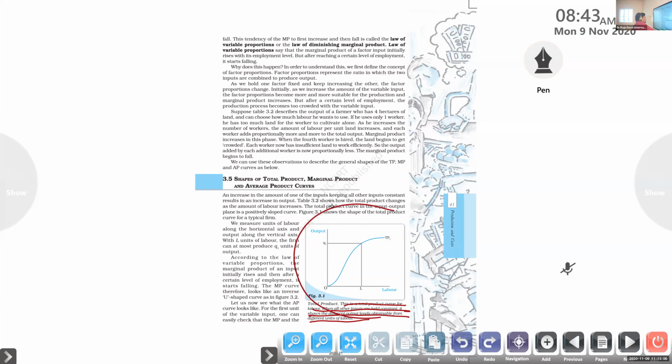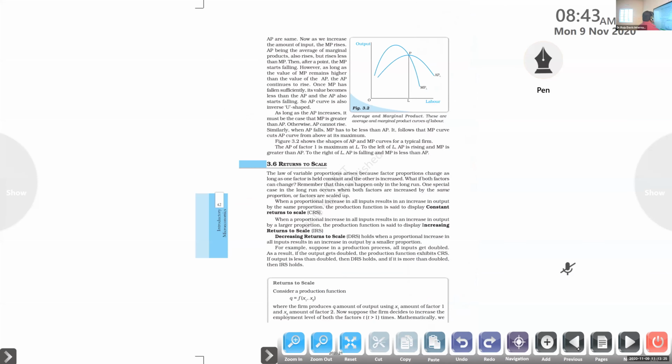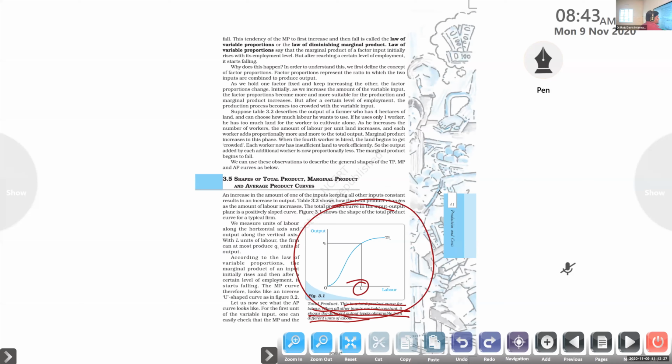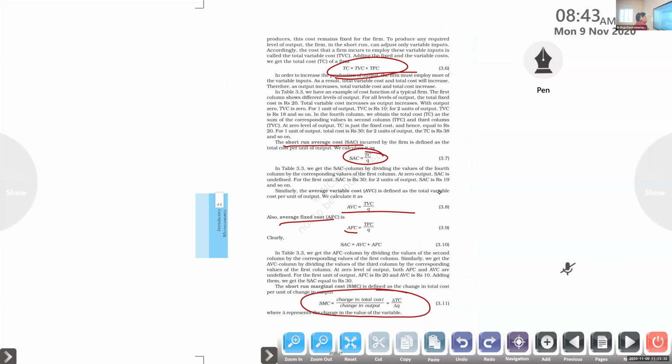Keep this in your mind: on the basis of labor, how the total product is increasing. In our concept, labor is the variable factor, right? Yes or no? And capital is considered the constant factor for short run production. The shape of the curve is also to be kept in mind. That is on page number 41. Observe that one more time.